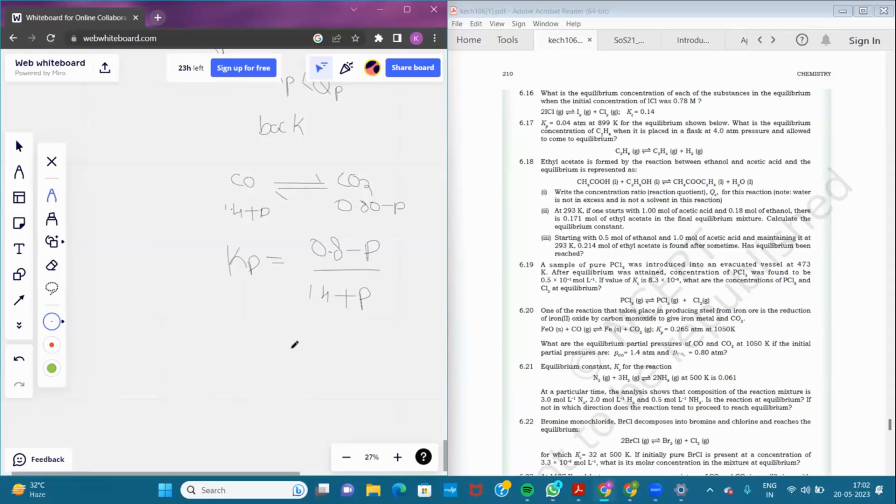This will give the partial pressure, that is this P, as 0.339 atm.